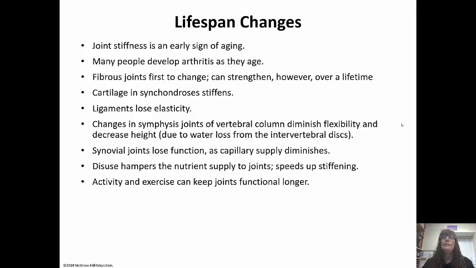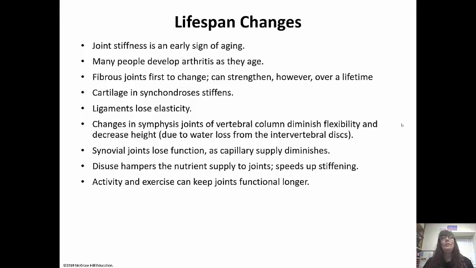The changes in the symphysis joints of the vertebral column: the fibrocartilage starts to lose water, and they're not as flexible anymore. Normally when you are walking or doing whatever you're doing during the day, those fibrocartilage discs cushion it. Then when you sleep at night, they have a chance to rebound, and they gain their water back and go back to their original thickness.